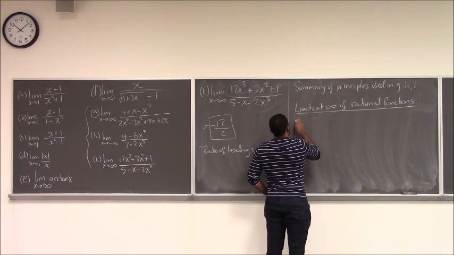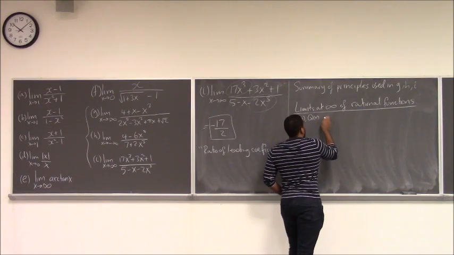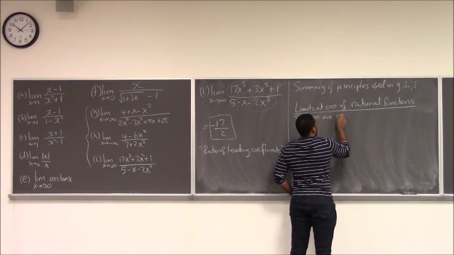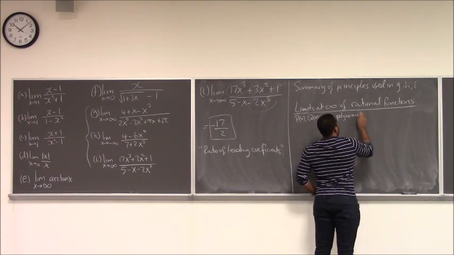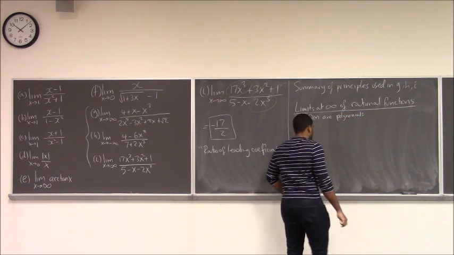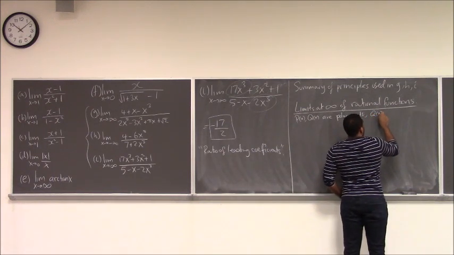So assume your P of x, Q of x are polynomials. Of course, your Q of x is not equal to 0.